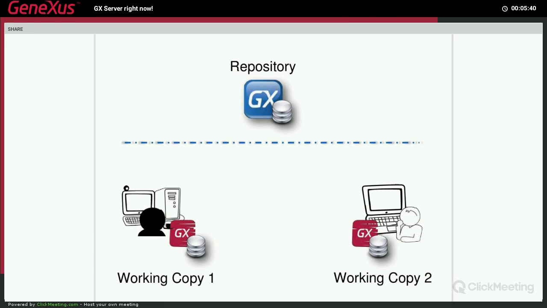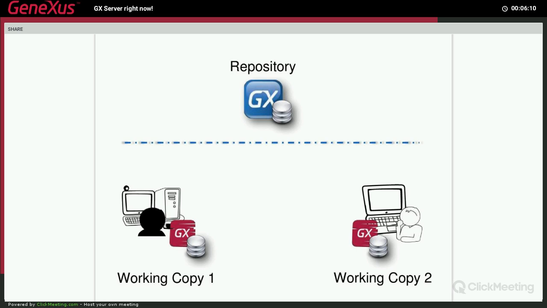In order to do that, with a revision control tool, be it GeneXus Server in the case of GeneXus projects or any other tool, we have what we call the repository, which is basically a central location in which a project is kept and maintained. This repository, in our case, is a KB located in the GeneXus Server.